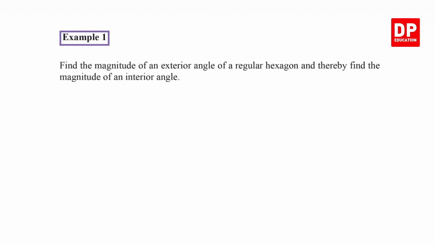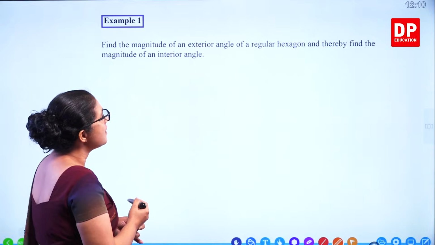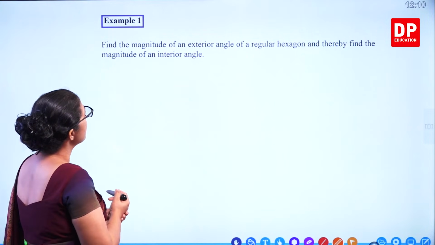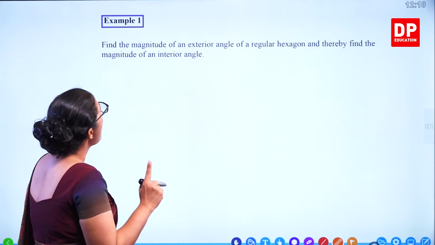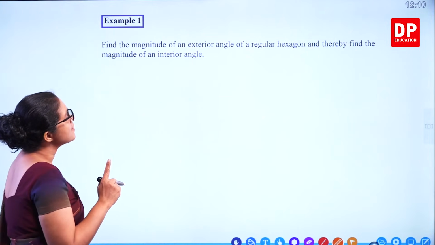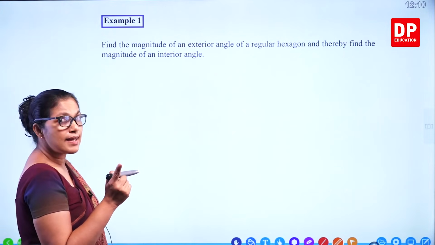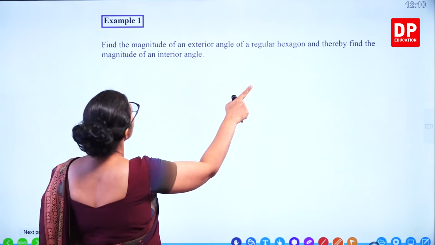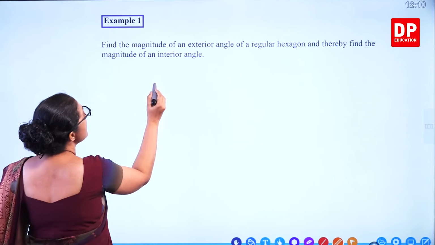Example number 1. Find the magnitude of an exterior angle of a regular hexagon and thereby find the magnitude of an interior angle. So how do you find the magnitude of an exterior angle of a regular hexagon? We can find out one exterior angle.